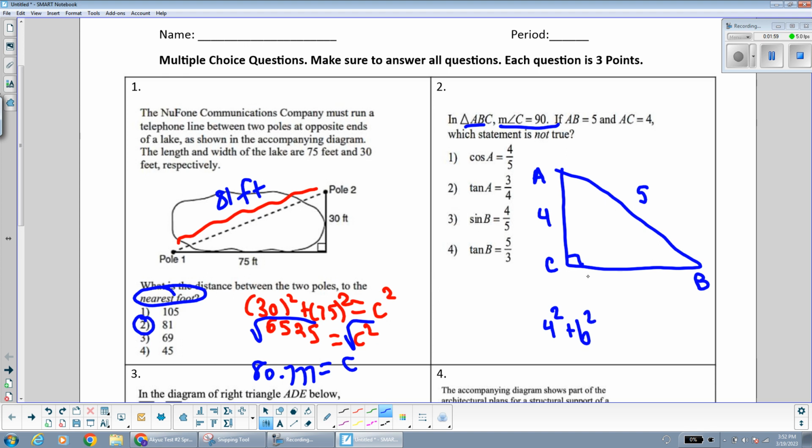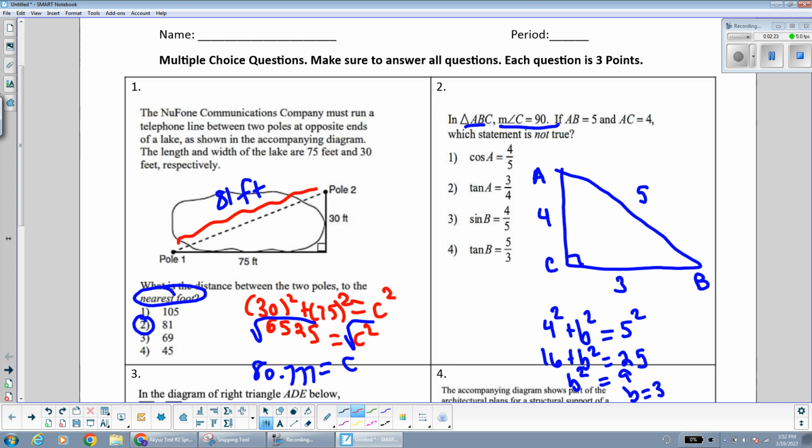I'm solving for one of the legs. So I'm going to make sure 5 goes in for the hypotenuse. Okay, so the legs of this triangle are 3 and 4, and the hypotenuse is 5.